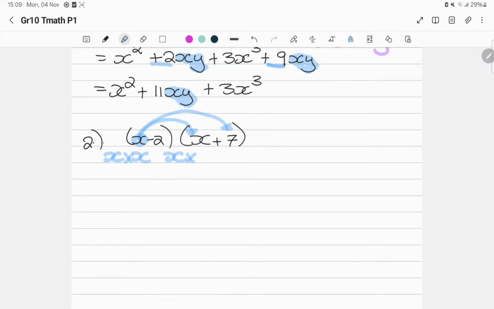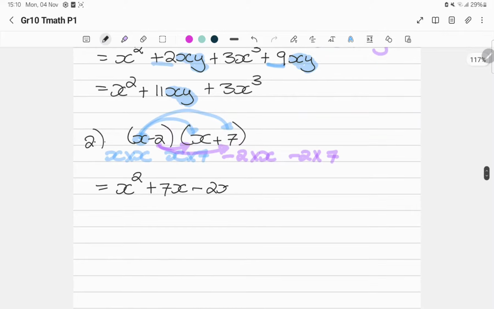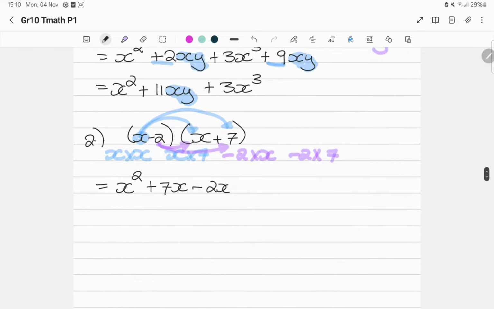And what is x times 7? x times x is going to become x to the power of 2, and x times 7 is going to give me 7x. Then I do exactly the same thing with the minus 2. What is minus 2 times x? And what is minus 2 times 7? Minus 2 times x becomes minus 2x, and minus 2 times 7 becomes minus 14.